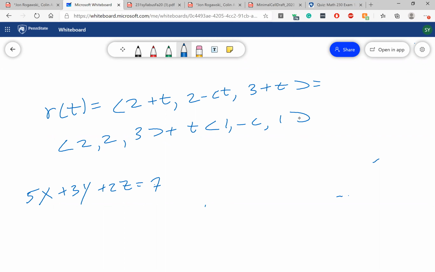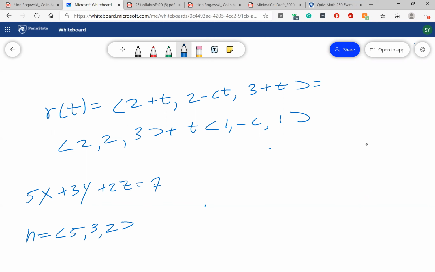Okay, so now we have our normal vector over here. Our normal vector to this plane is equal to (5, 3, 2).